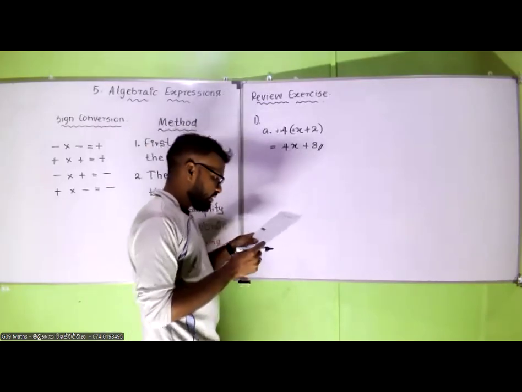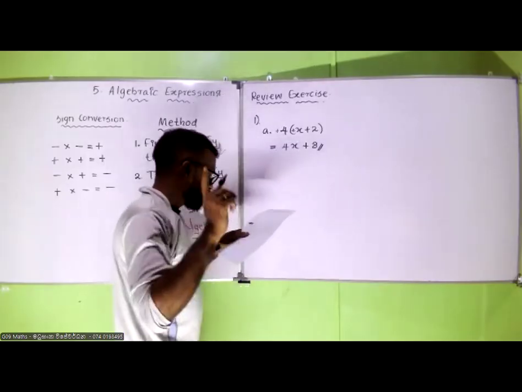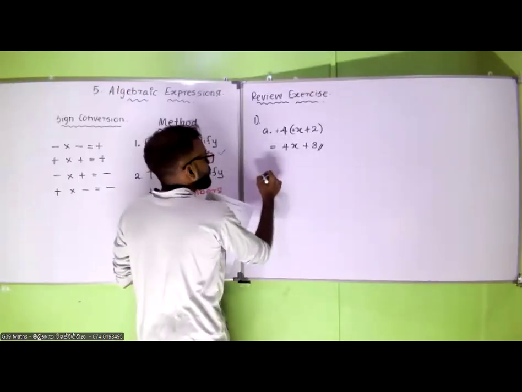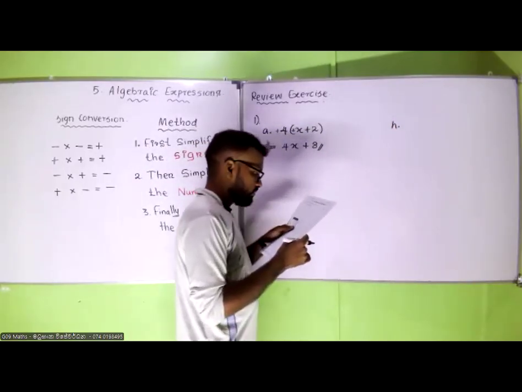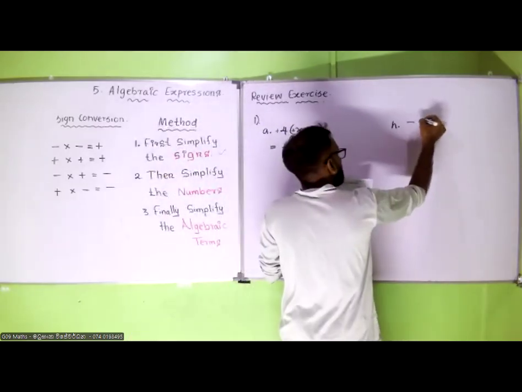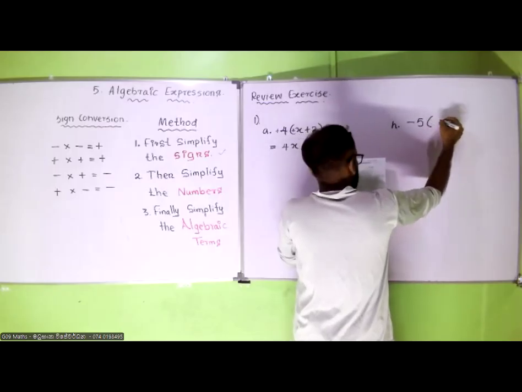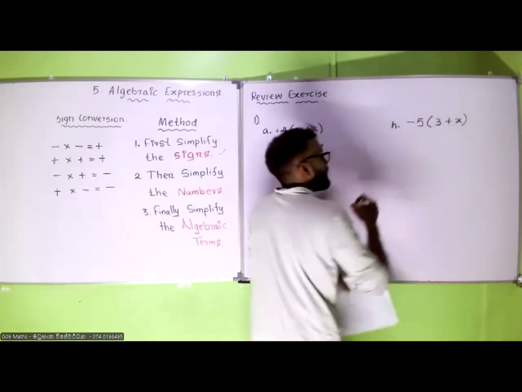Then I will take part h: minus 5 times (3 plus x). Minus 5, (3 plus x).